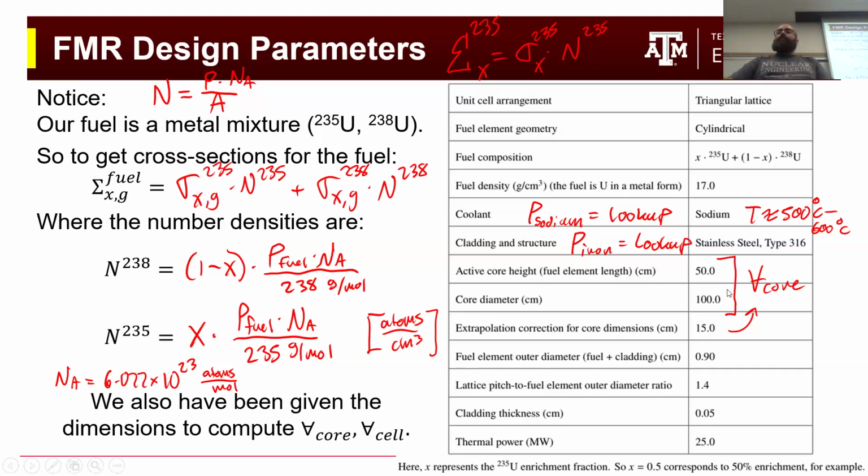So with these pieces of information, you can get the volume of the core. You can also get BG squared for a cylinder. You just have to make sure that you correct for these distances when you compute the BG squared.